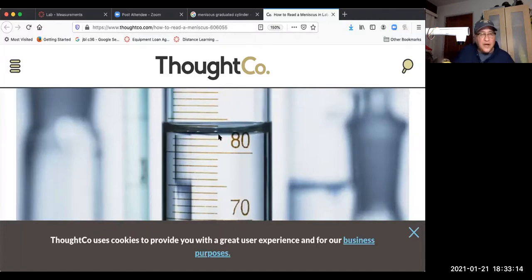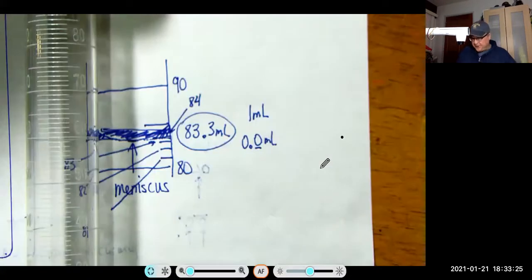And there's one more thing I want to show you about measuring the meniscus. So I'm going to change my share screen back to the tabletop. And that's this. When you are measuring with the graduated cylinder, you want your eye to be at the correct height.